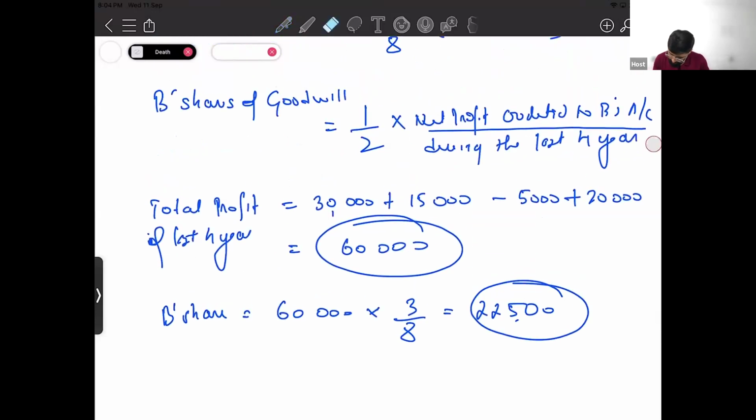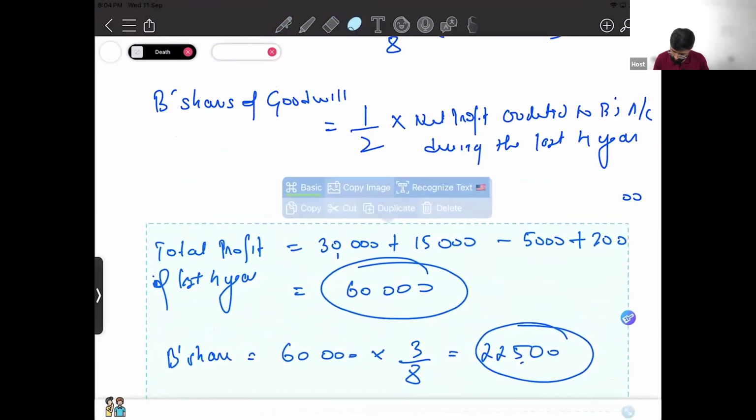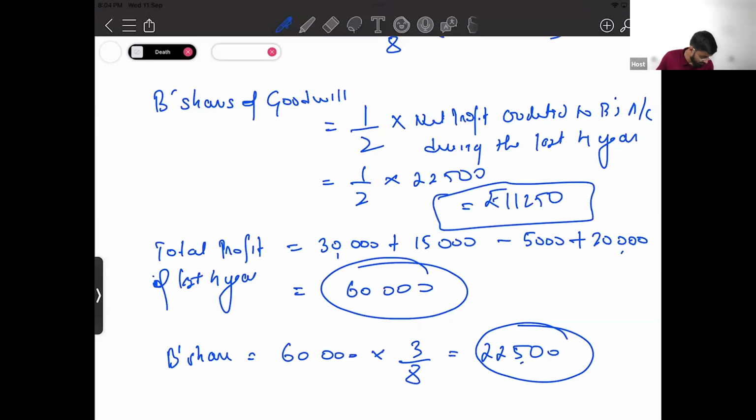So this is the profit credited to his account during the last 4 years. Now we can find out the value of goodwill. 11,250 rupees.